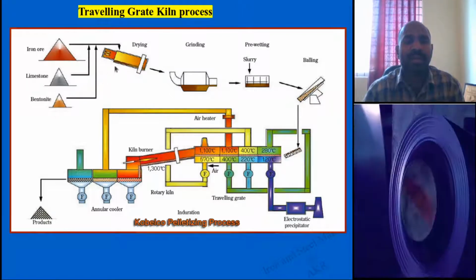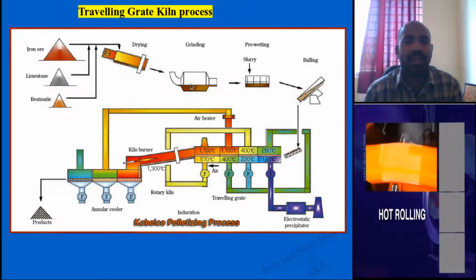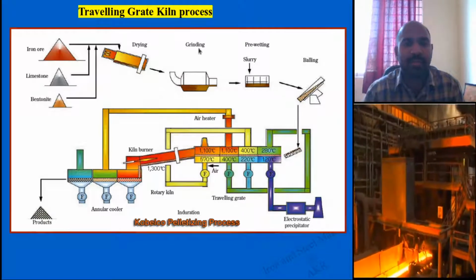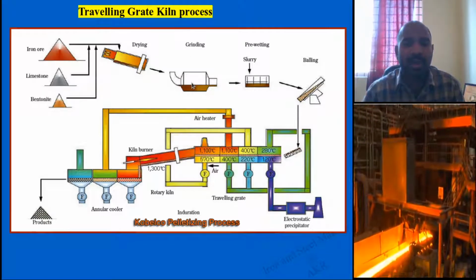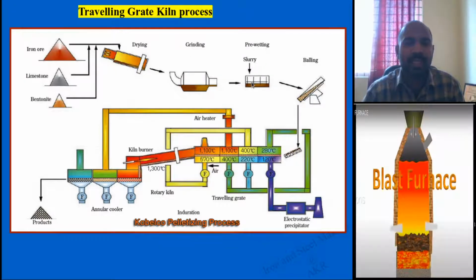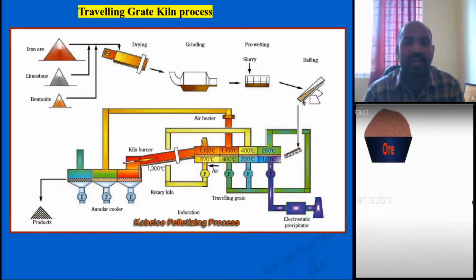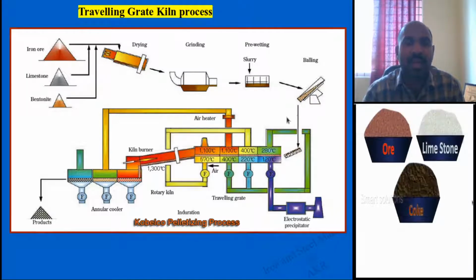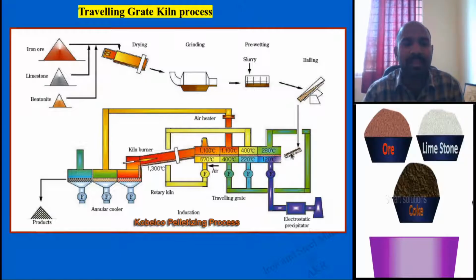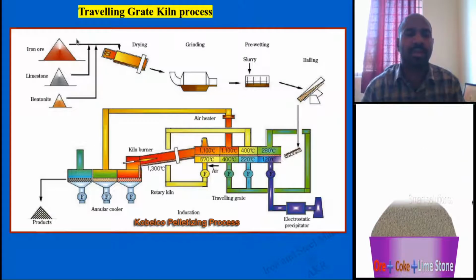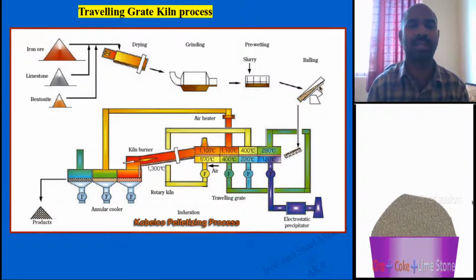While you mix you need to dry and grind it for the purpose of mixing, and you add water making it into a slurry, and you feed it into the disc or drum type pelletizer, and finally you will be getting uniform size green pellets. Those are fed into this rotary kiln. This is the initial green pellets production process.